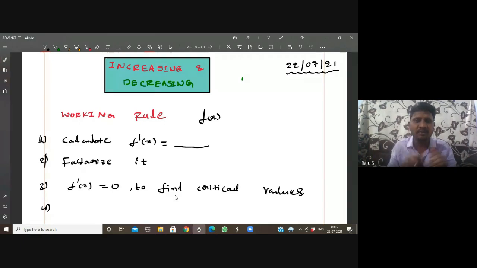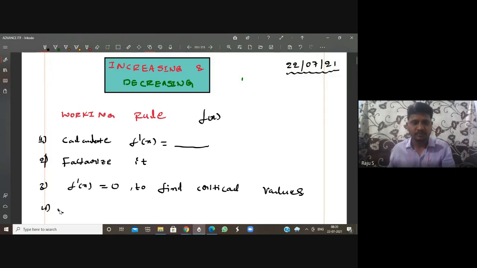Once we get the critical points, we can arrange these critical values in ascending order. If they don't give any interval, we take the real line, minus infinity to plus infinity. For example, if x is equal to -1, 0, 1, we arrange the order: first -1, next 0, next +1.